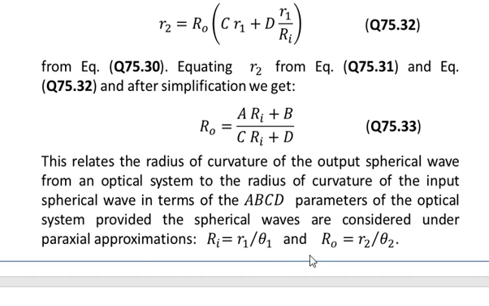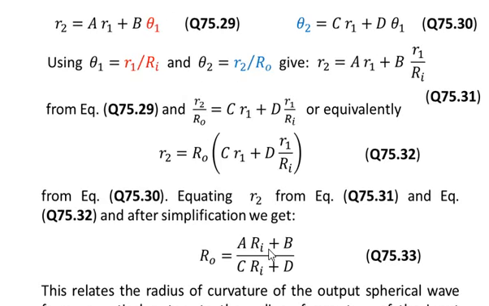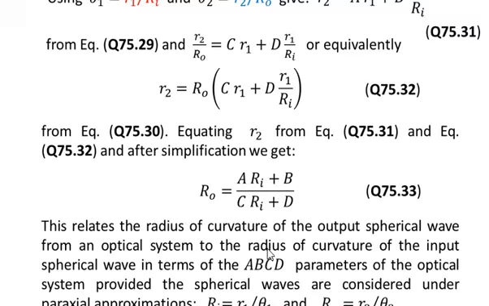And you know that the paraxial approximation means that Ri is equal to R1 over θ1 and R0 is equal to R2 over θ2, and these two equations we have already explained. Ri is the radius of curvature for the input spherical wave, and R0 is the radius of curvature for the output spherical wave.